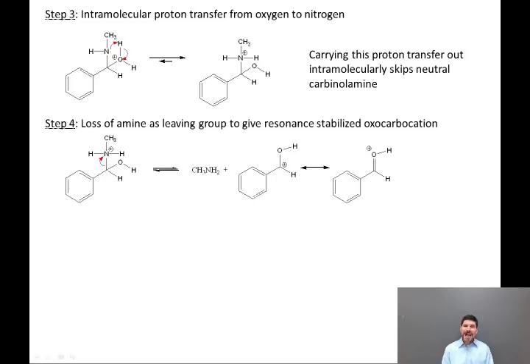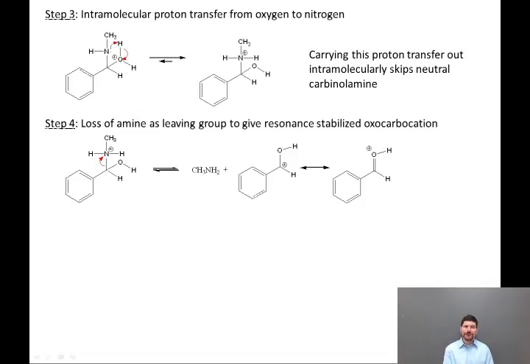In step 4 now, by protonating the nitrogen, we have set up expulsion of a leaving group. So in the forward mechanism, we had to protonate an oxygen to expel it as a leaving group. Now we are setting up protonating a nitrogen to expel it as a leaving group. So we break the carbon-nitrogen bond.